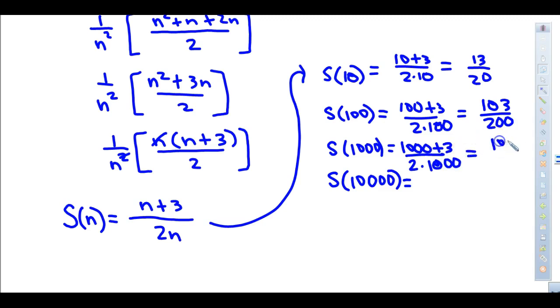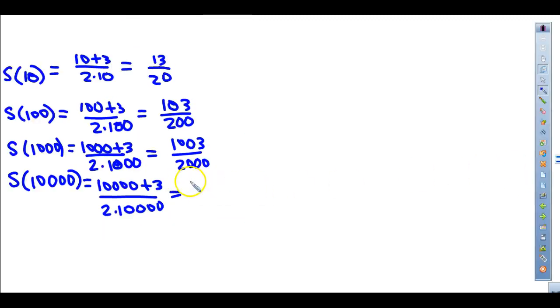So it gives me 1,003 over 2,000. And then finally I can do 10,000 plus 3 over 2 times 10,000. And that will give me 10,003 over 20,000. Do you see what's happening to these numbers right here?